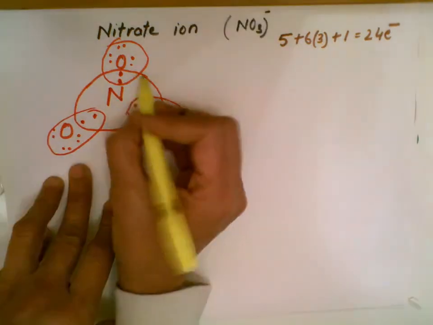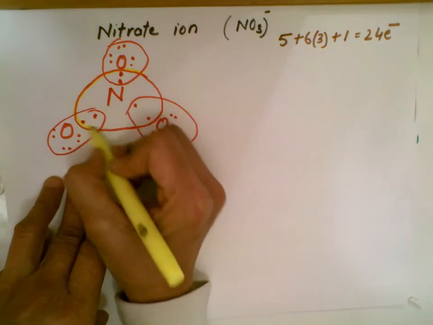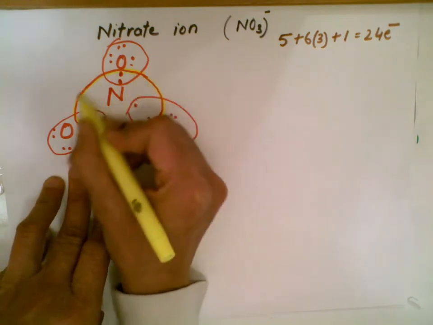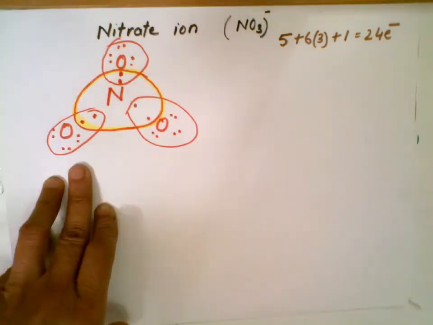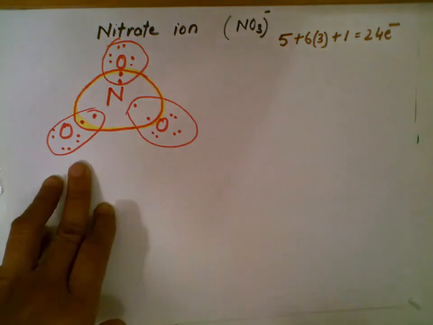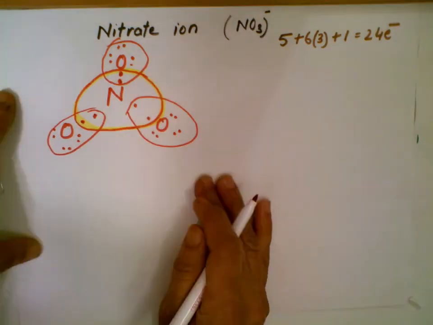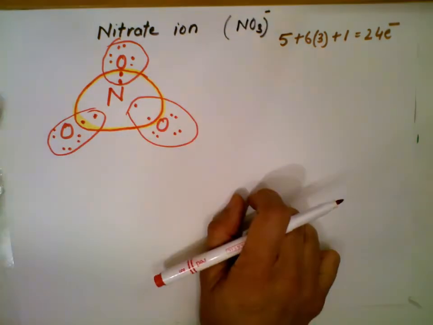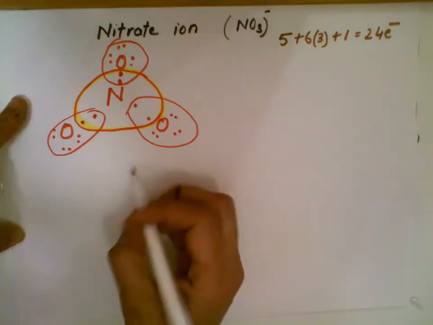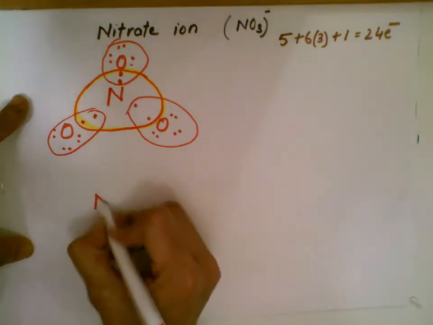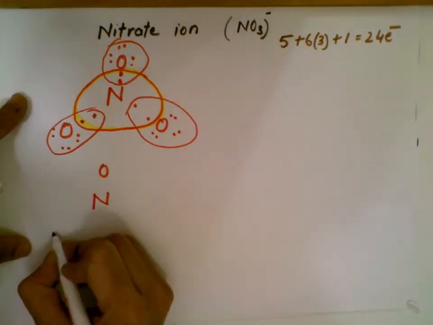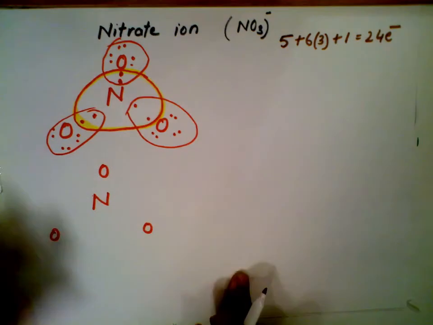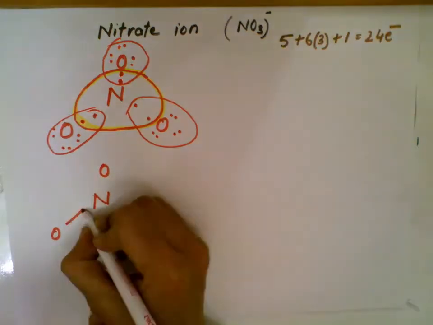Here we're going to do the same thing we did earlier. We are going to move the lone pair and change it into a bonding pair. So where will the double bond go? Here, here, or here? Well, it can go anywhere, right? Let's say we have a double bond here.